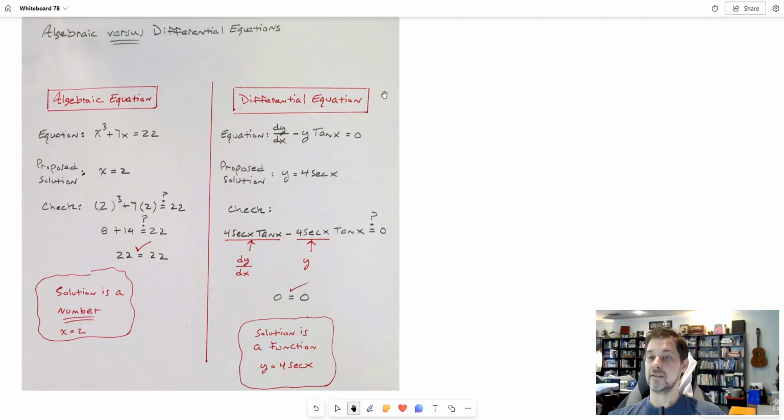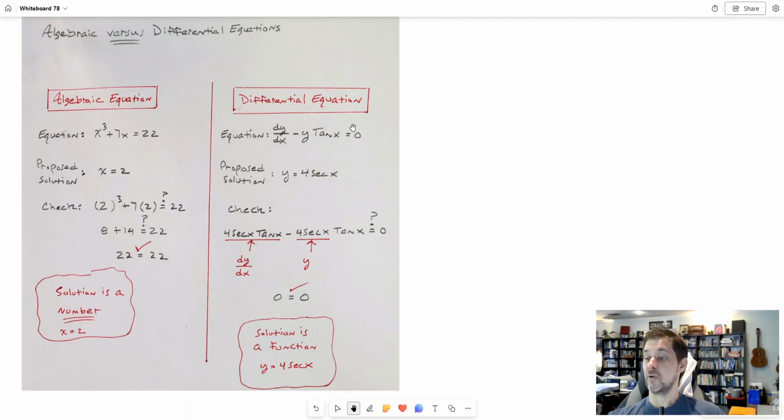If you want a simple differential equation to think about, here is a differential equation. It is an equation that involves some function y, which is a function of x, and its derivative dy over dx. And there are some other things too. There's a subtraction, there's a tangent, and so on. But it is an equation that involves a function, y. Y is a function of x. That's what that y is right there. And its derivative.